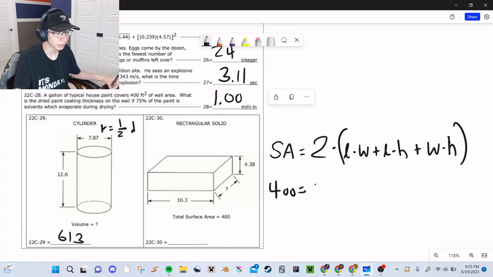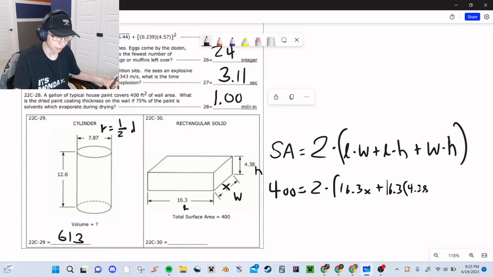So I have 400 is equal to 2 times, and this is length, width, and height. Length times width, so that's 16.3 times x. This is my unknown, so x. Plus my length times height, which is 26.3 times 4.38, plus my width times height, so that's 4.38x.